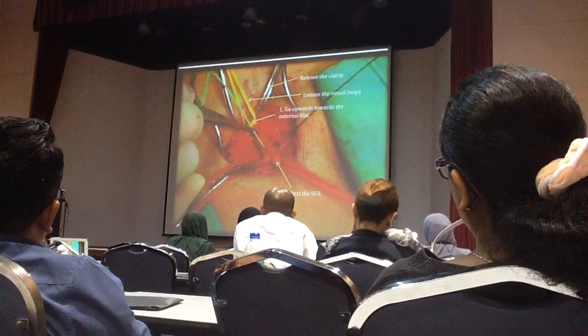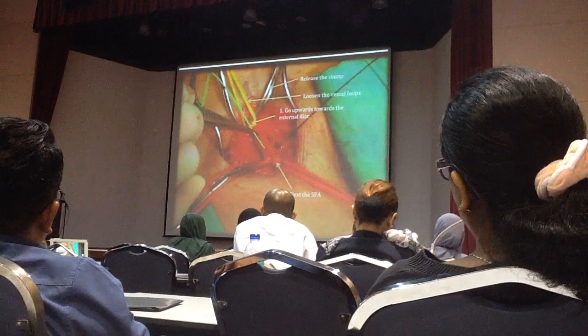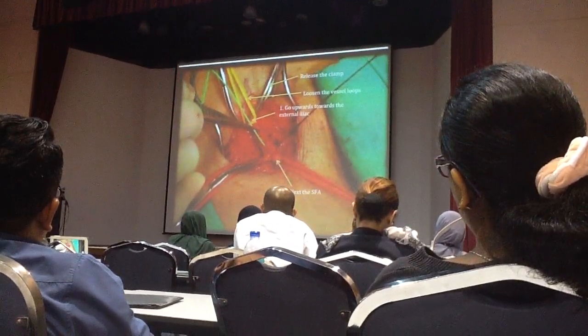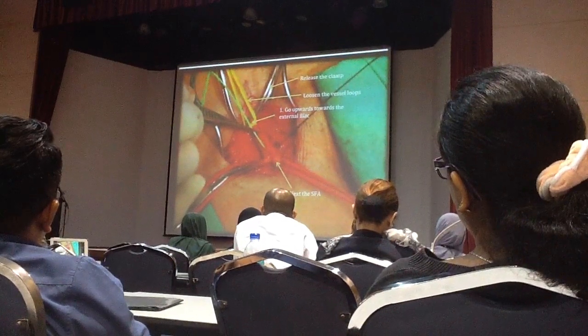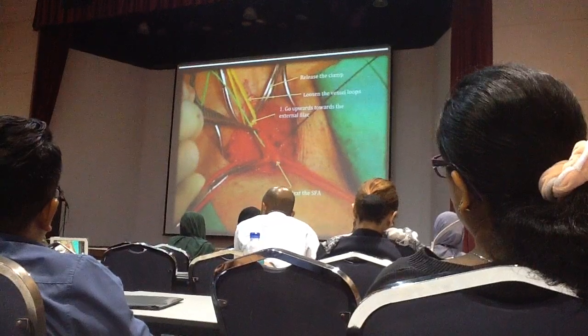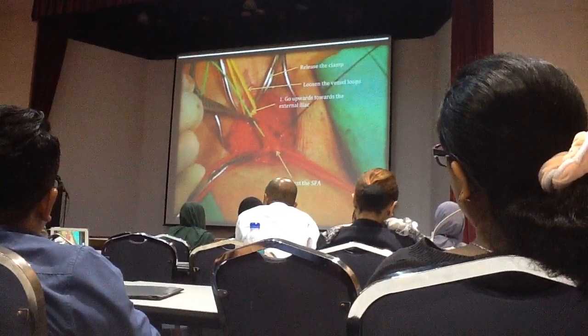So pull up, and you can pull out all the clots. Once you have pulled out the clot, see the backflow of the blood. It may not gush out like the proximal one, but you have to see the amount and the color of the backflow of the blood.